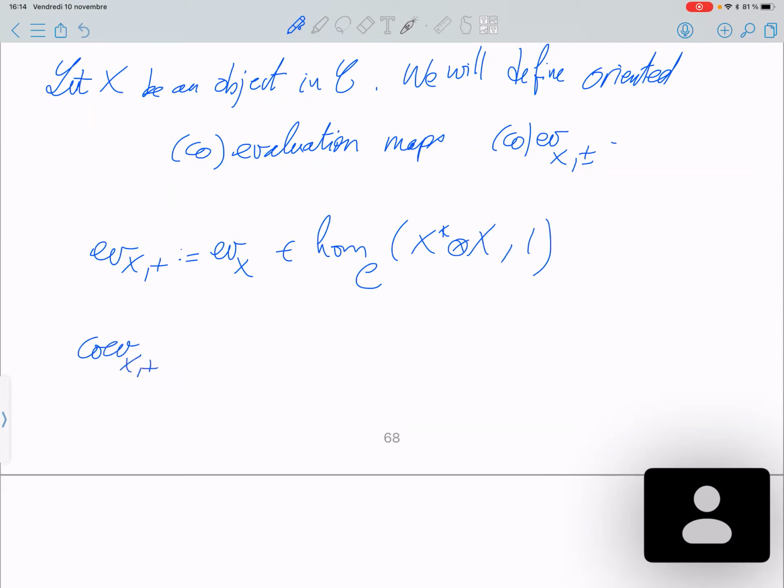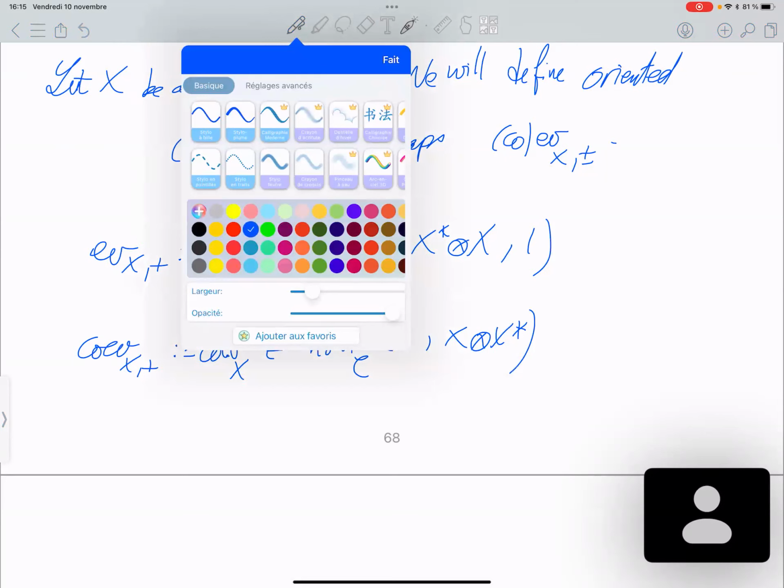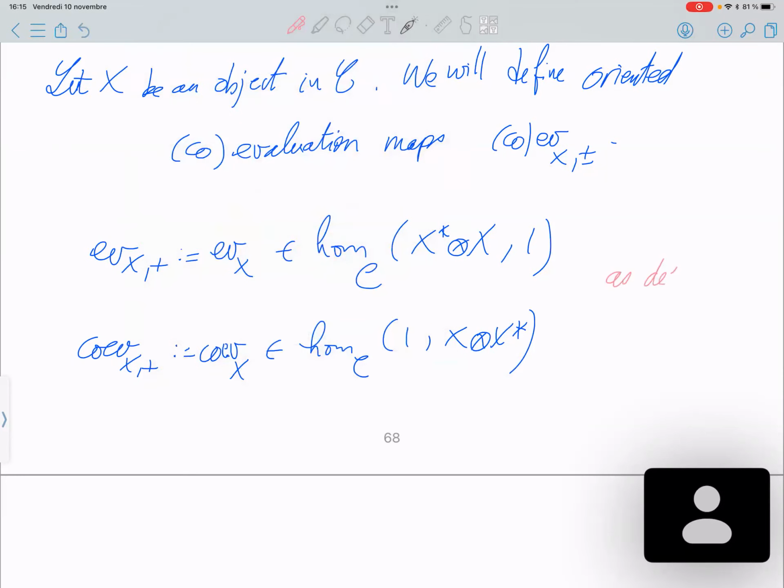Co-ev X plus is also the same as before, between 1 and X tensor X star, as defined in section 2.